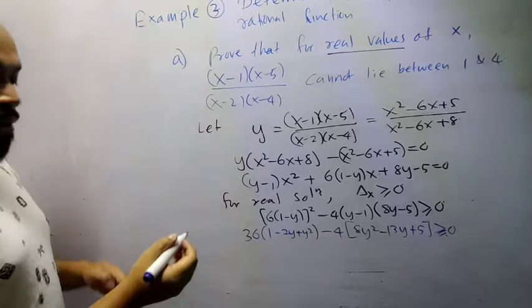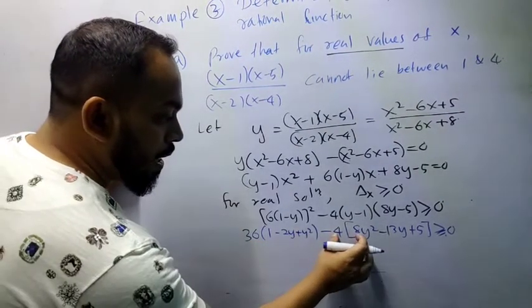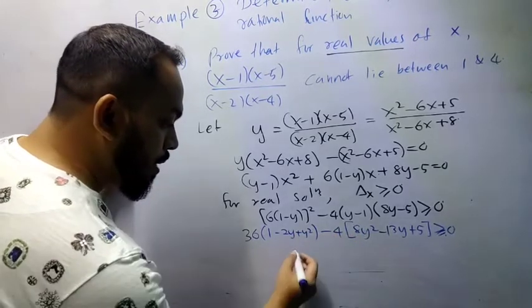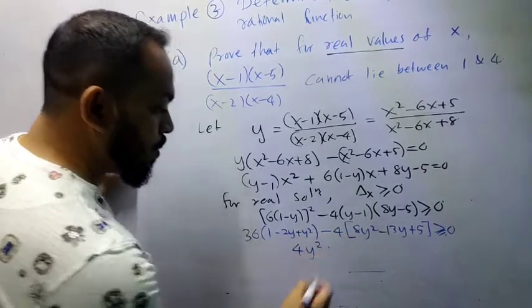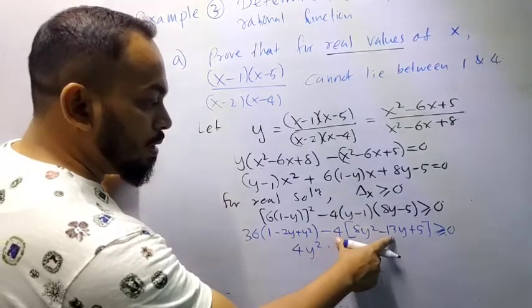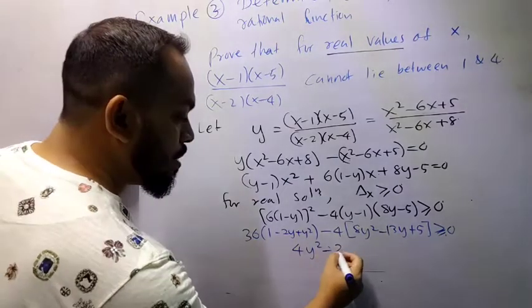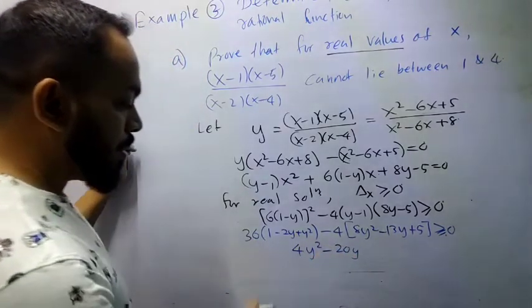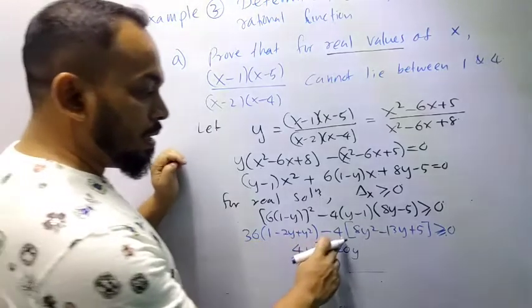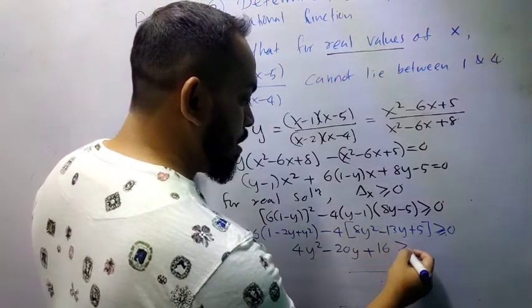Right. Then here we have 36y squared, and here we have minus 32y squared, that leaves us with 4y squared. This into this minus 72y, this into that plus 52y, that gives us minus 20y. And here we have 36, and here we have minus 20, that gives you plus 16 greater than 0.